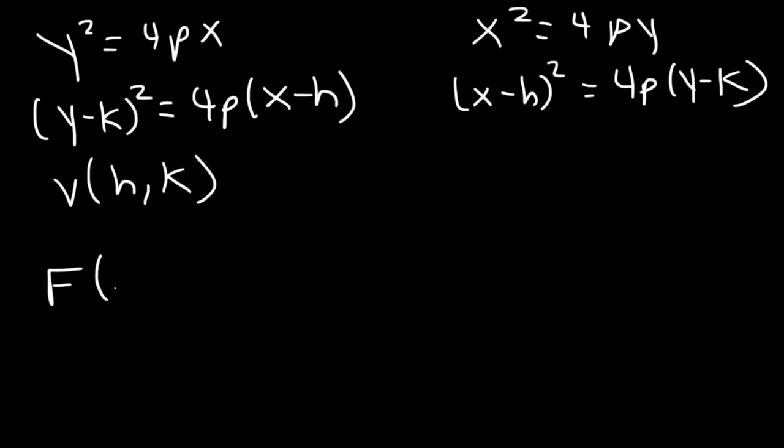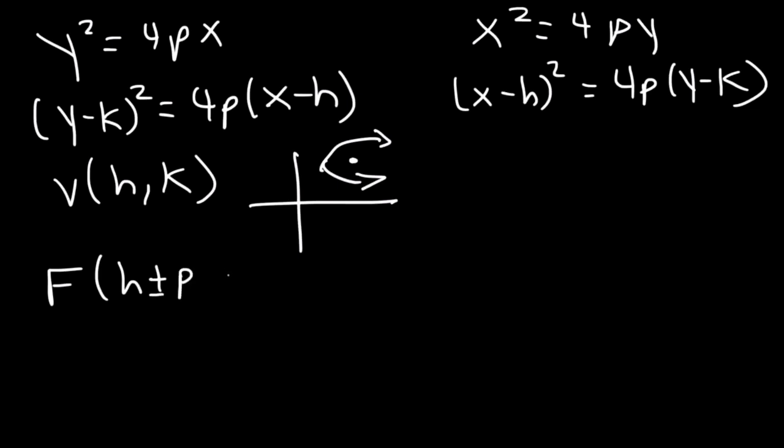To find the focus, since this graph opens, let's say to the right, the focus is p units away from h. So it's going to be h plus or minus p, depending on if the graph is opening to the right or to the left, comma k.